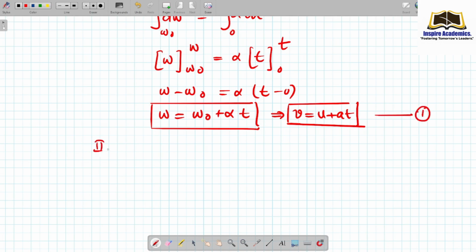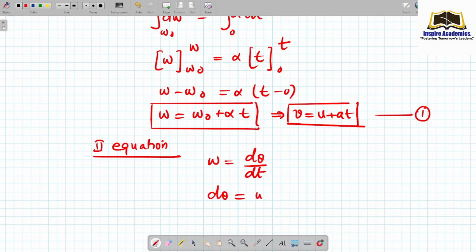For second equation, we already know the fact that omega equal to d theta upon dt. So this is theta. We can easily say that d theta would be omega dt. Yes or no? And let us write down this value of omega from here.